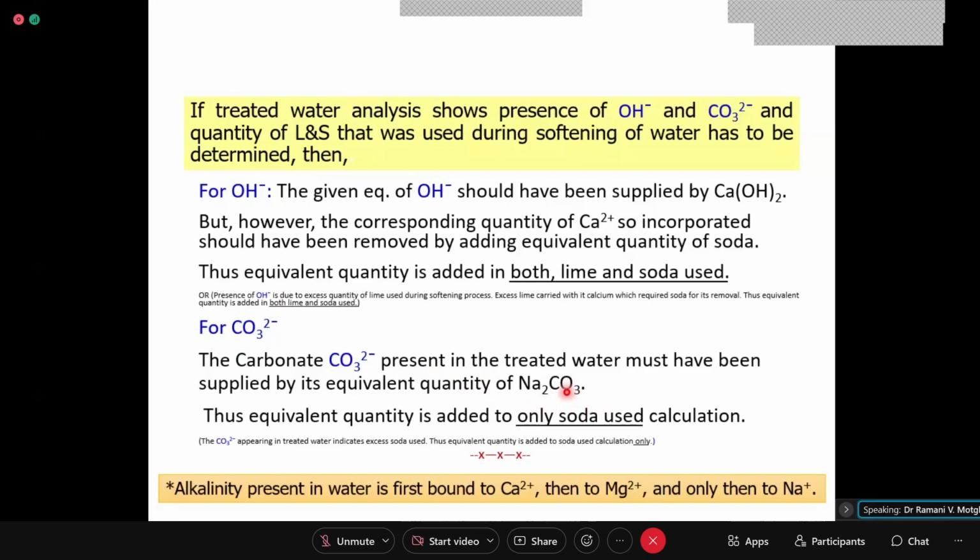So the equivalents of carbonate will be considered only in soda required or soda used during softening, that column. So these equivalents will not be there in the LR column.